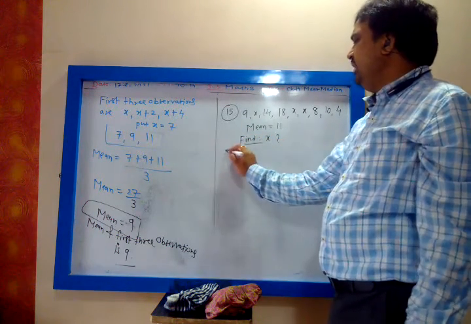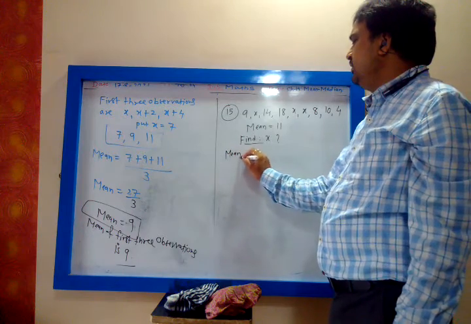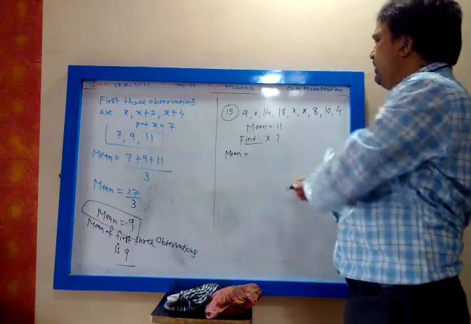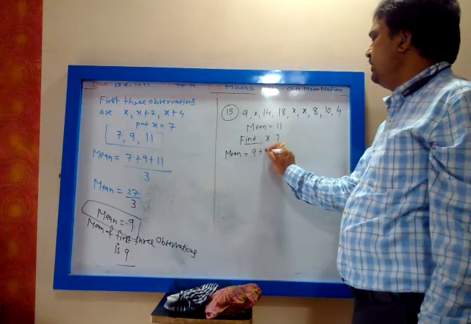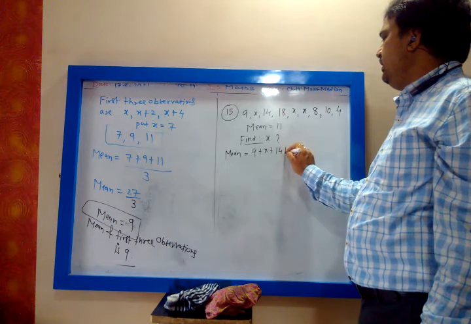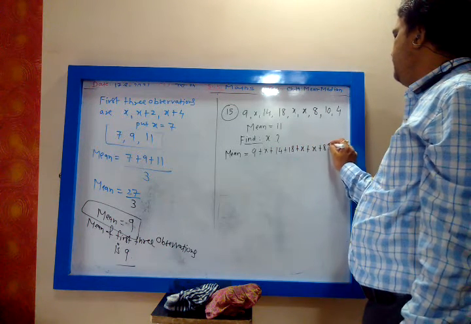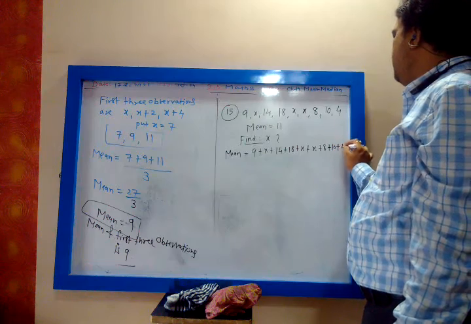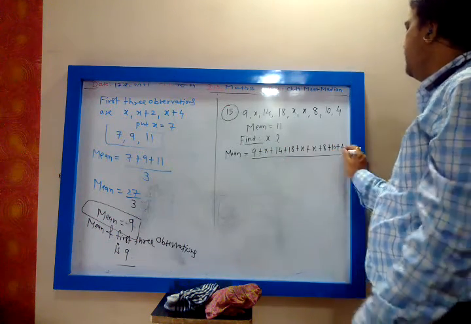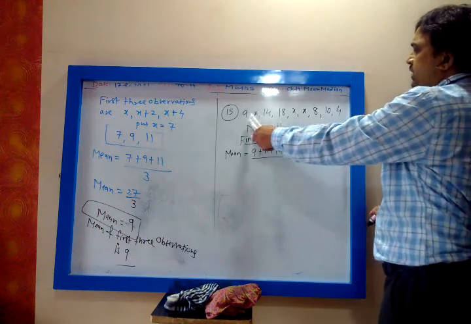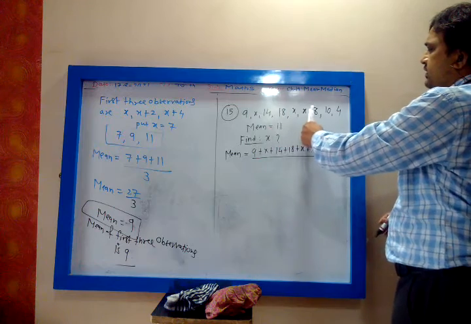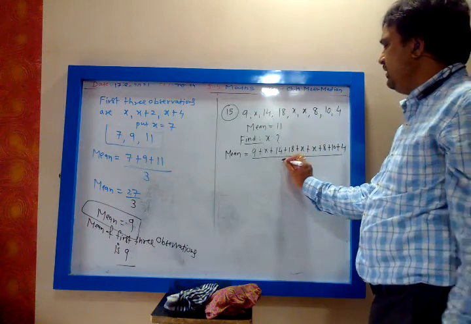Okay. So we write mean is equal to the sum of these observations: 9 plus x plus 14 plus 18 plus x plus x plus 8 plus 10 plus 4. Divide this total by the total number of values given. How many? 1, 2, 3, 4, 5, 6, 7, 8, 9. Divide this by 9.